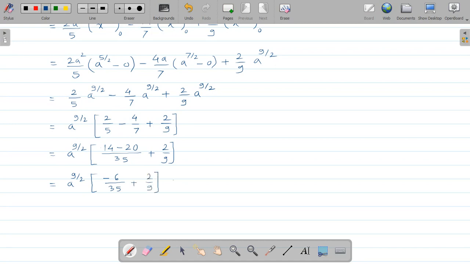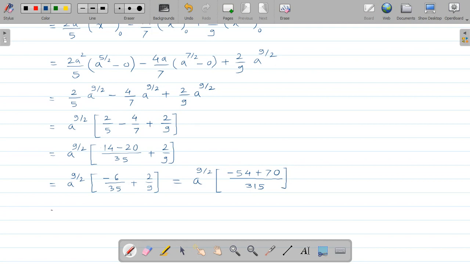Again cross multiply, then what happens? See here, a raised to 9 by 2 as it is, and in bracket if you cross multiply, then you will get minus 54 plus 70 upon 35 into 9 is 315. Check this.